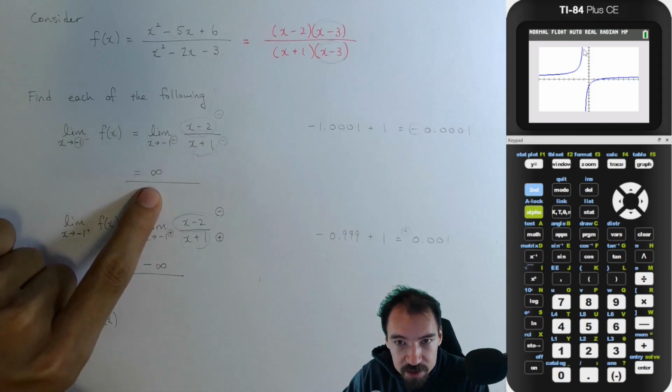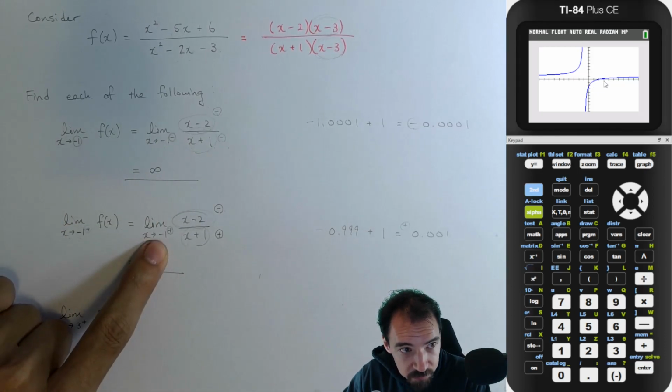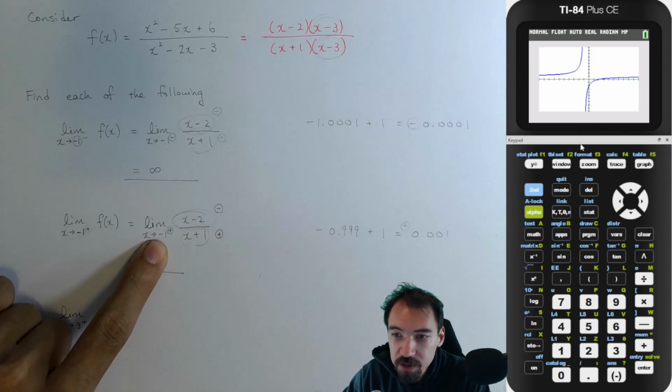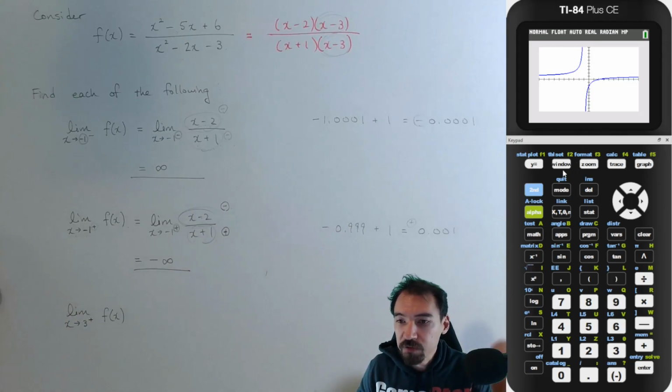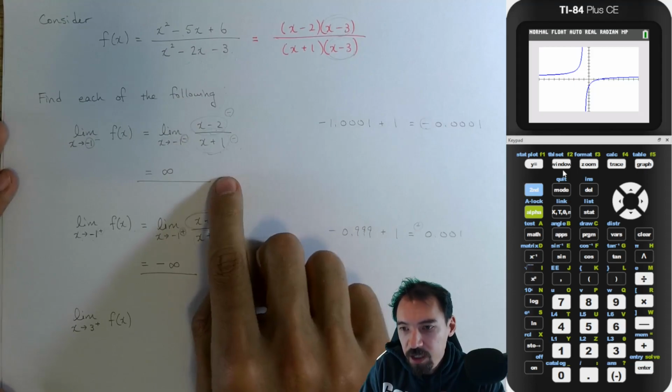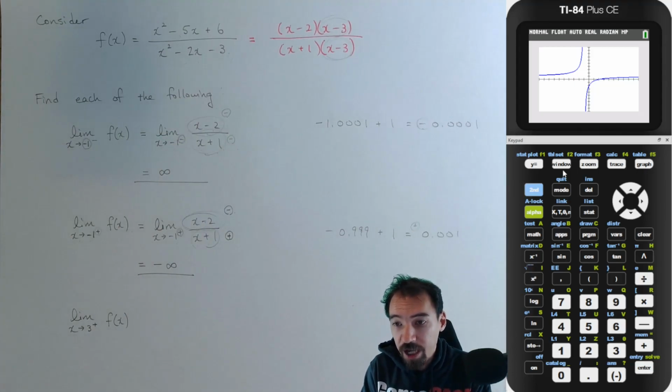We write the limit is equal to infinity. Then if we approach -1 from the right, so we're approaching this way, oh, the y values go deeper and deeper into the negatives, we write the limit is -infinity. So this is how the algebra matches up with the graph and the visual logic we had before.